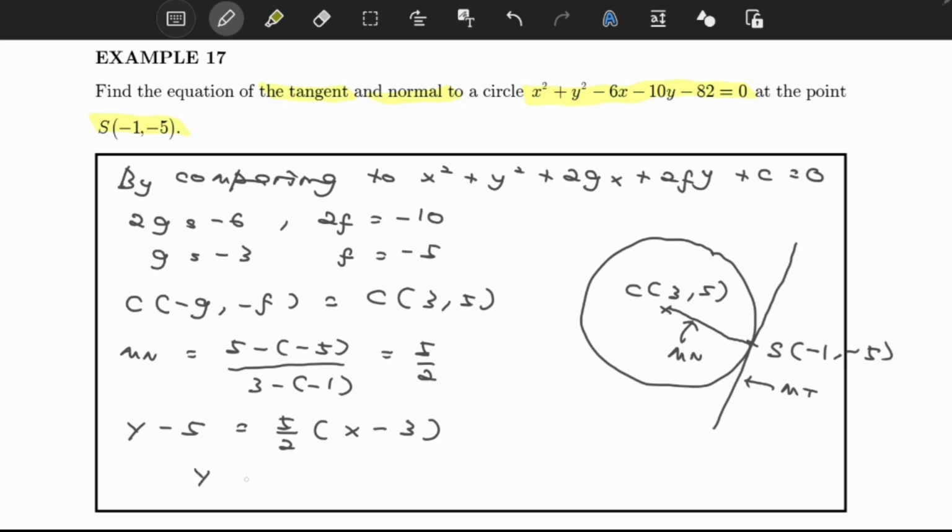So y equals 5 over 2 x minus 5 over 2. So now we already have the equation of normal.